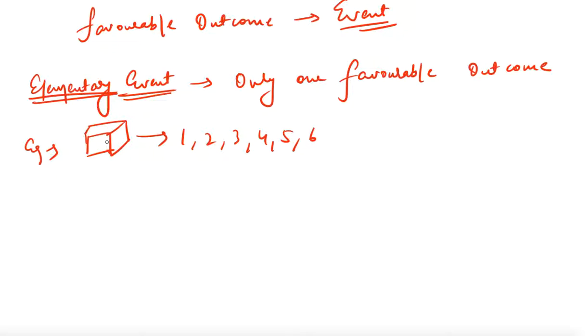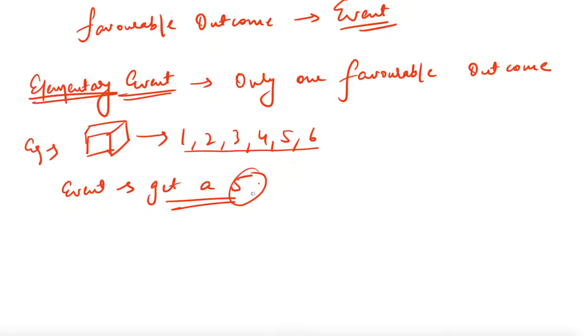But in this experiment, my event is to get a 5, right? Out of these 6, getting a 5 is only one of the outcomes. So this is an elementary event. Got it? This is the meaning of elementary event.